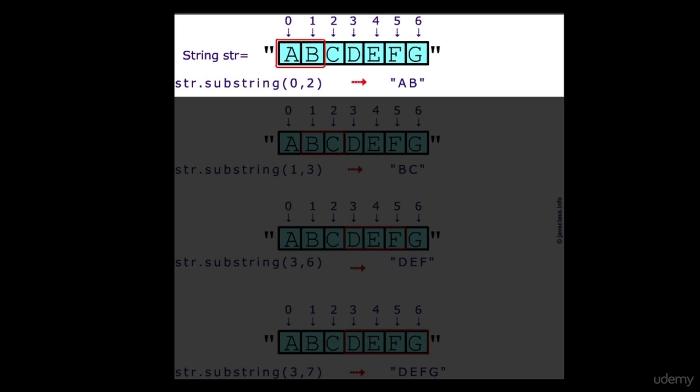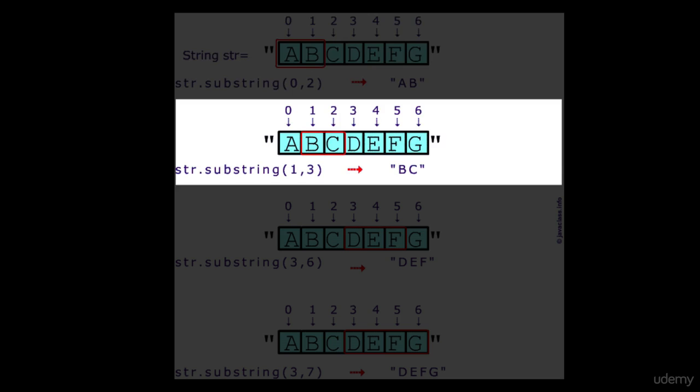And in this case, we're passing in the index 2, which happens to be C. But in the substring method, the second argument is non-inclusive. So what that means is we go from 0 to the index number 2, but not including 2. So what that gives us is A and B.